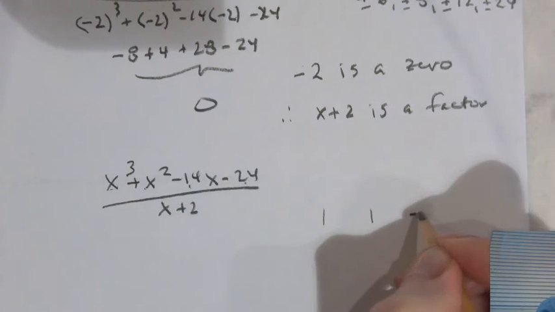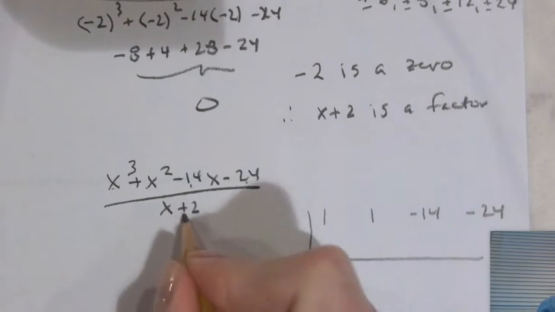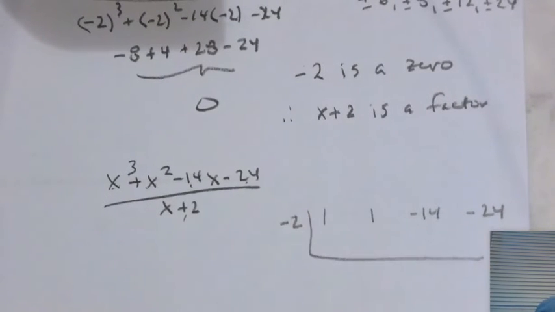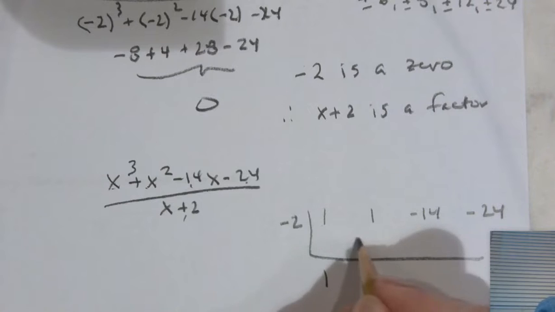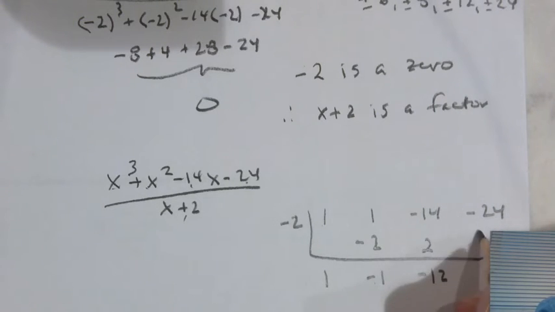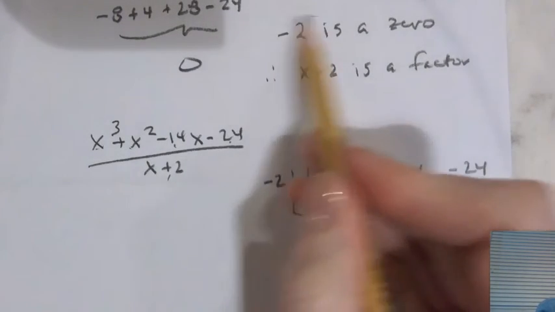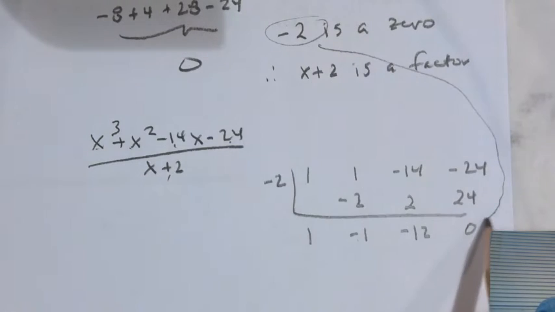We're dividing by x plus 2, so we put a negative 2 up here, bring down the 1. 1 times negative 2 is negative 2. Add these, negative 1. Multiply these, positive 2. Add these, negative 12. Multiply these, positive 24. And we get 0. It shows us, in fact, that plugging in a negative 2 does give us 0.